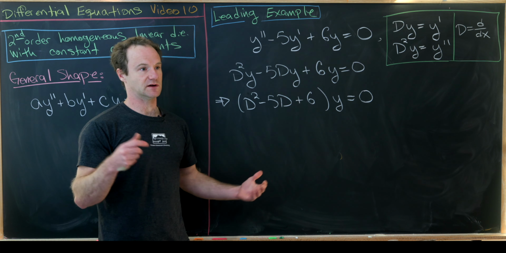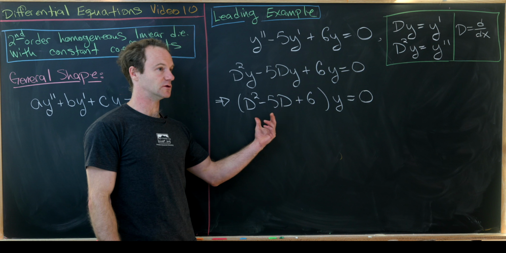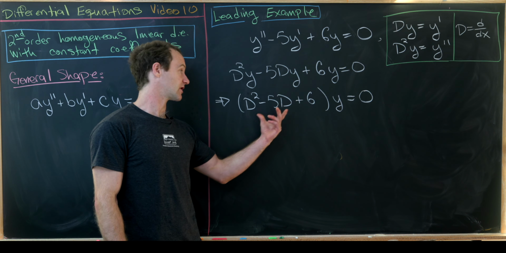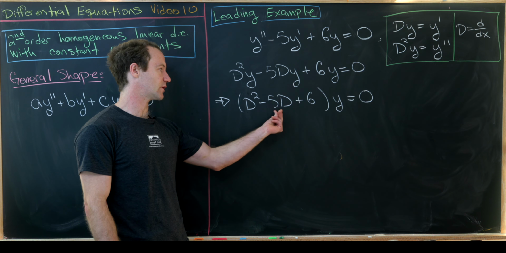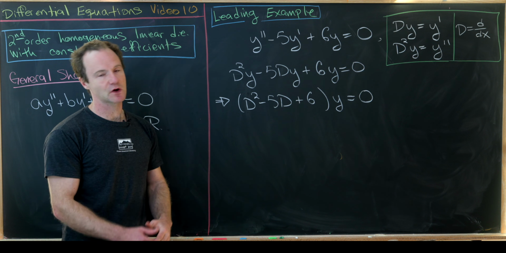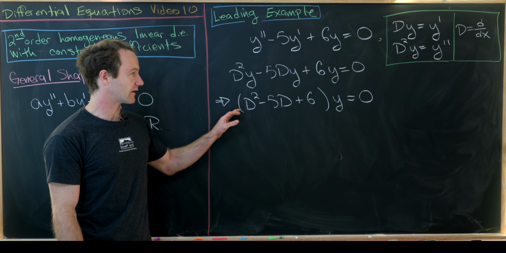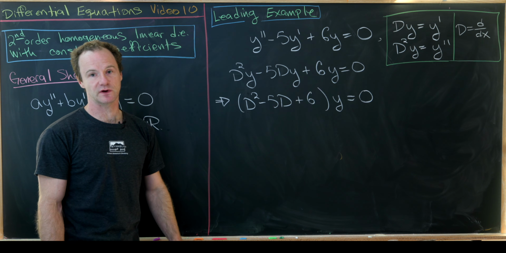Then the vector space of linear transformations is closed under taking linear combinations, and that's what we've done here. We've taken a combination of D², D, and the identity linear transformation. Okay, so anyway, this is what we're left with. This is our new version of our original differential equation.